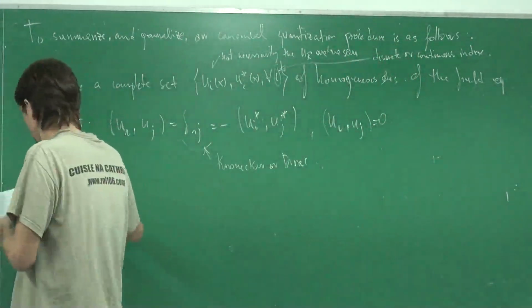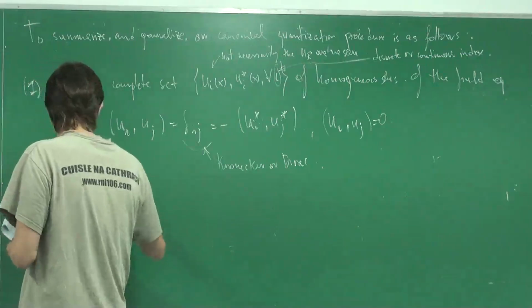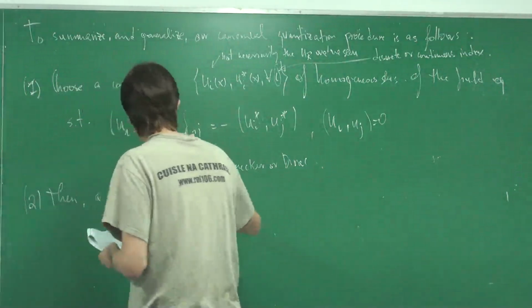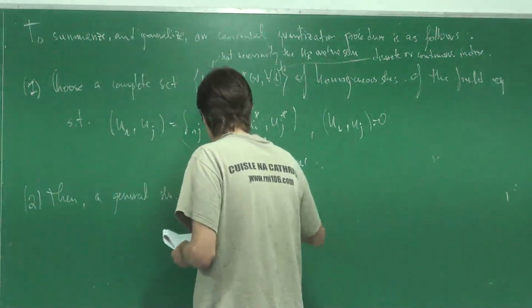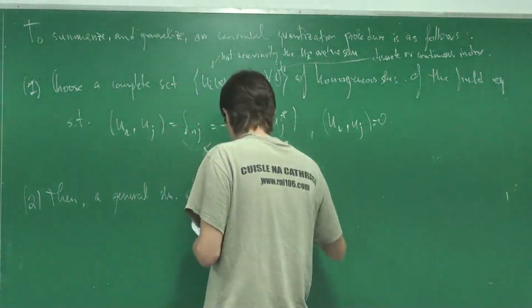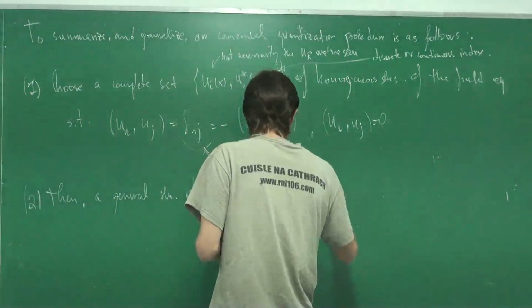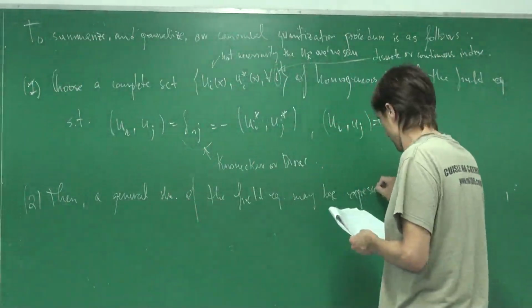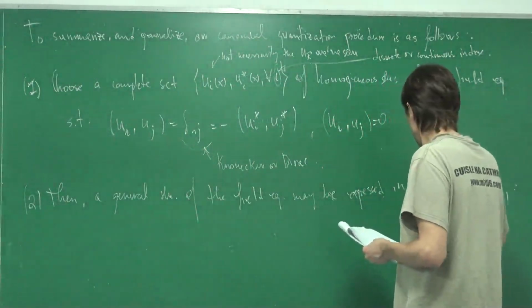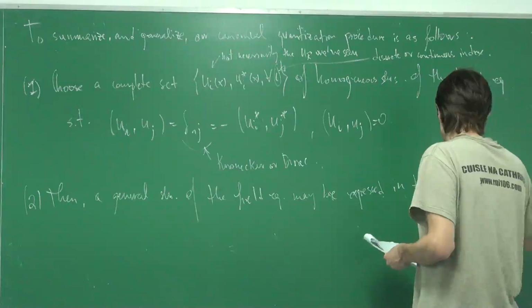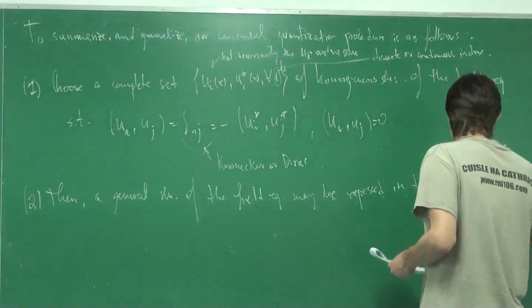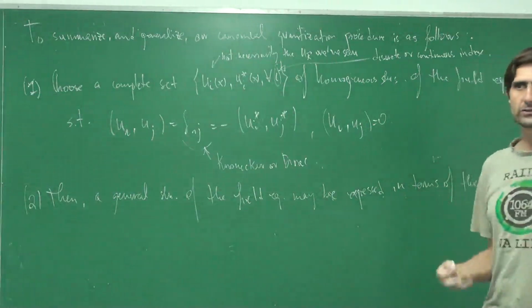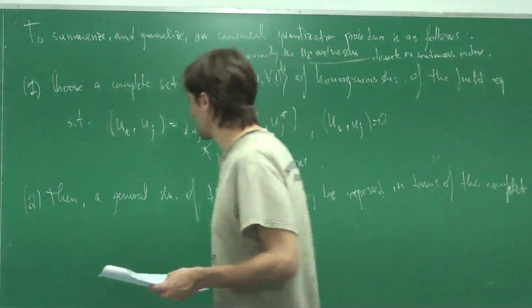The second step, a general solution of the field equation. Write your general solution as a linear combination of this complete set.